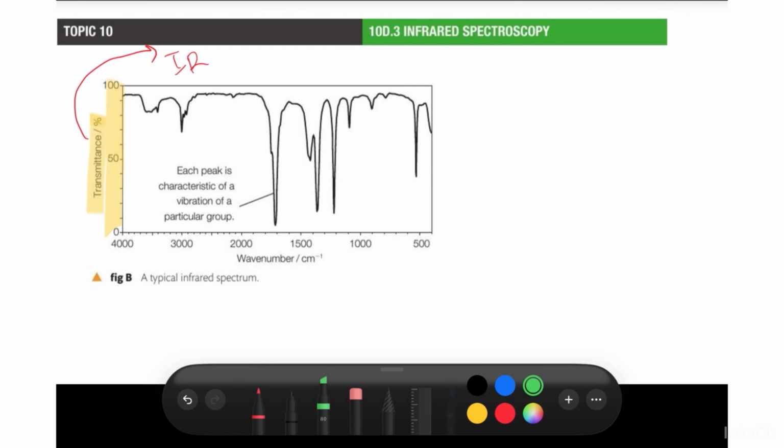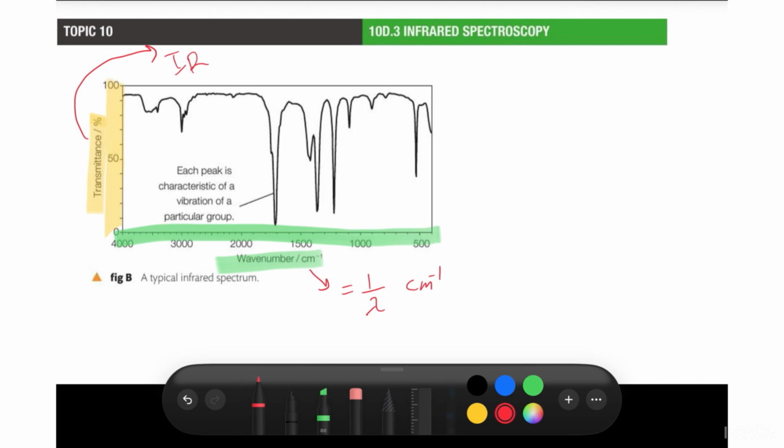The x-axis represents something called wave number. The wave number is one of the frequency descriptions, and it is equal to the reciprocal of the wavelength, and it has a unit of centimeter to the power -1, or inverse centimeter.